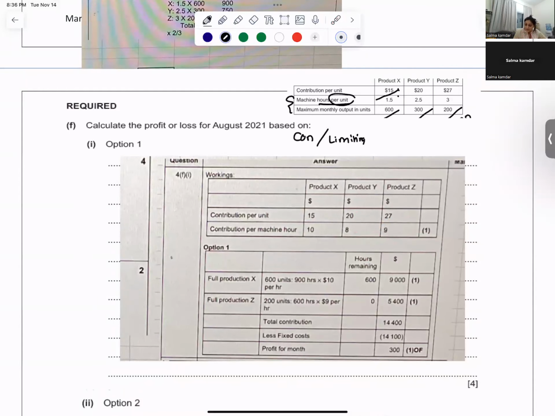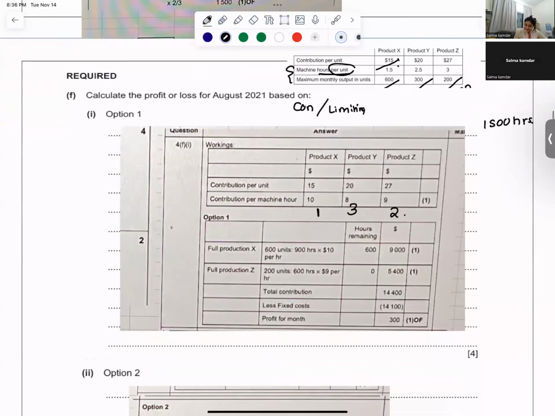As per the contribution per limiting factor, I have only 1,500 hours. And my ranking tells me first I should produce product X. Then I should produce product Z because it gives the second highest contribution per limiting factor per machine hour.